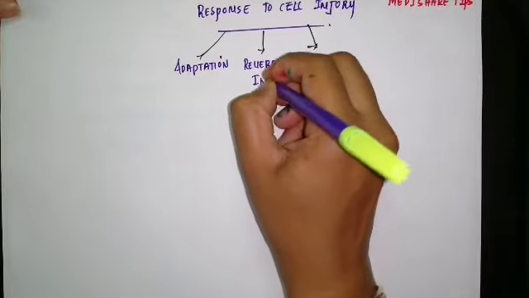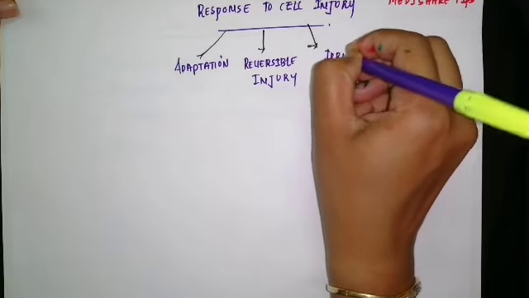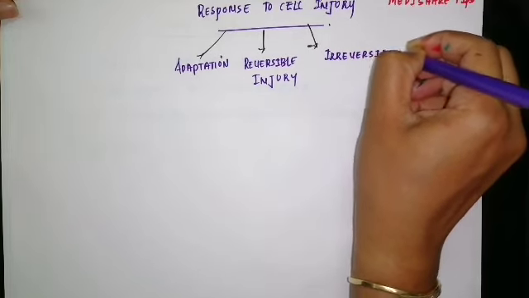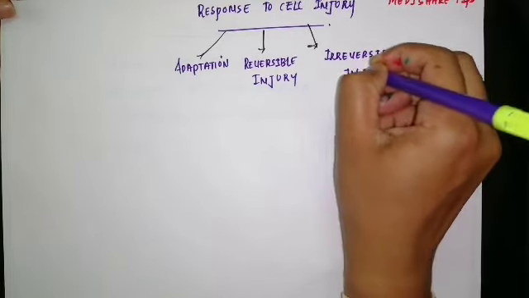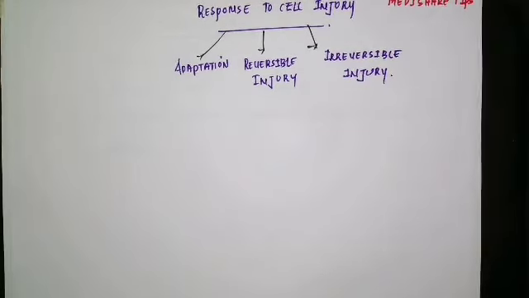Or the cell can get irreversibly injured, that is called irreversible injury. Irreversible injury to the cell can lead to necrosis or death of the cell. So these are the responses of the cell to cell injury.